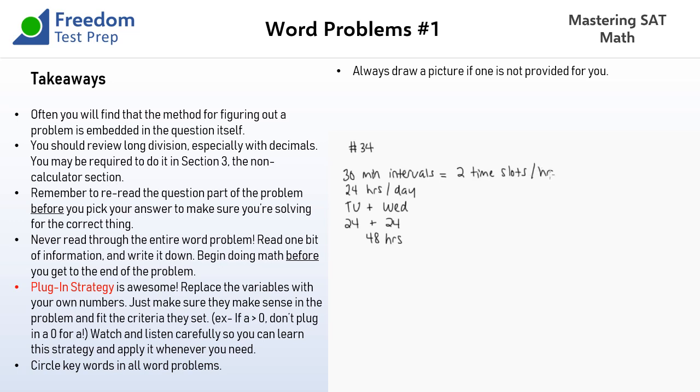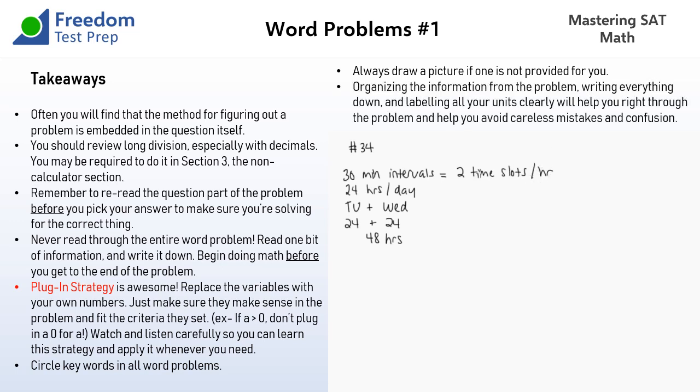So this is the key right here, right? This is the thing. If you don't get that, you're not going to get the problem right. So instead of having 1 per hour, which would make it 48 time slots, we have 2 per hour. So we multiply it by 2 and we get 96 as our answer.